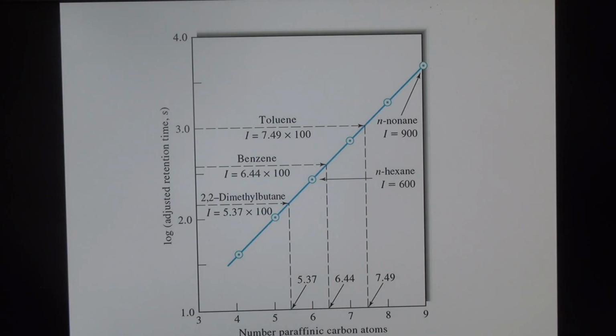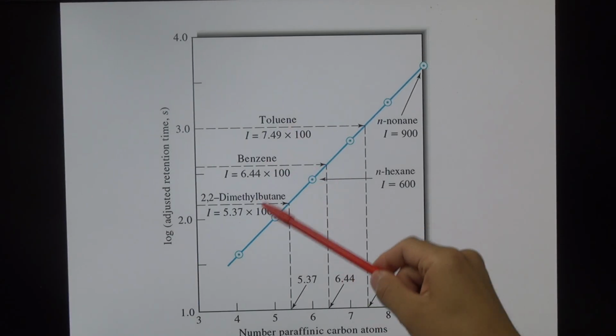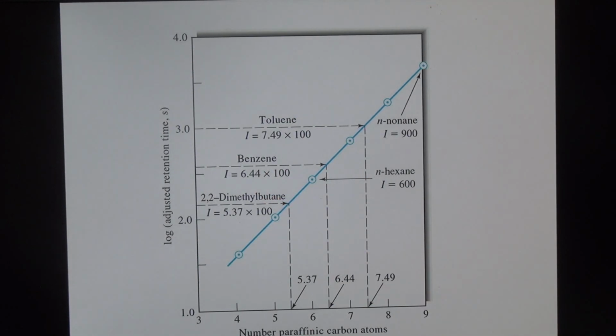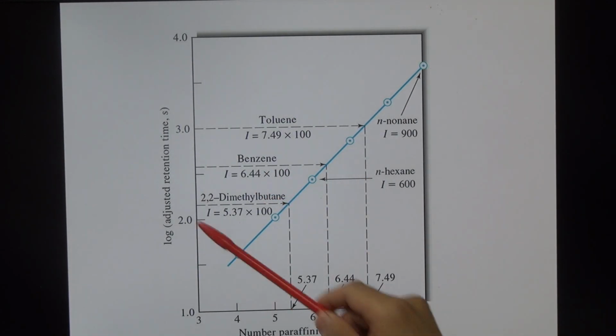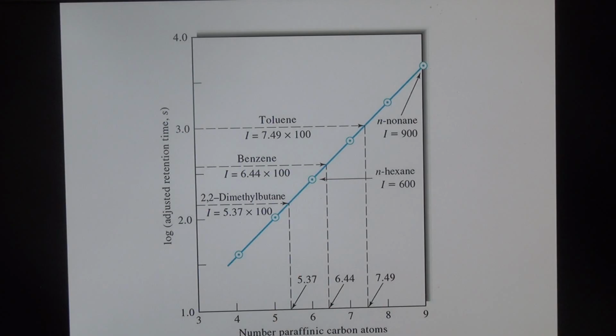By experiment, here in the x-axis it shows the number of carbon atoms. Retention factor is basically linear as a function of log of adjusted retention time, which has been known for many tens of years. So all we can do is, for a certain compound, toluene, benzene, or 2,2-dimethyl-butane, we just measure adjusted retention time.